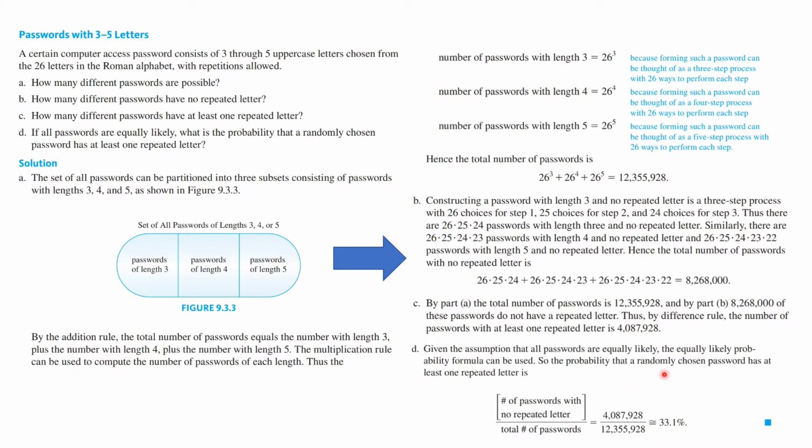So the probability that we have at least one repeated letter is this. Actually, it should be 1 minus that, so it's 67.